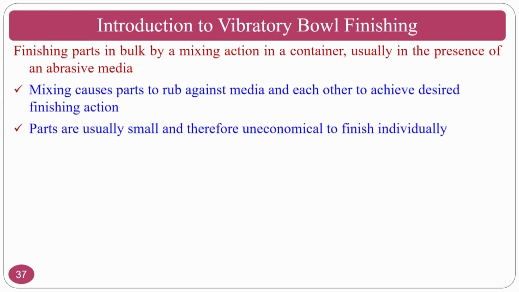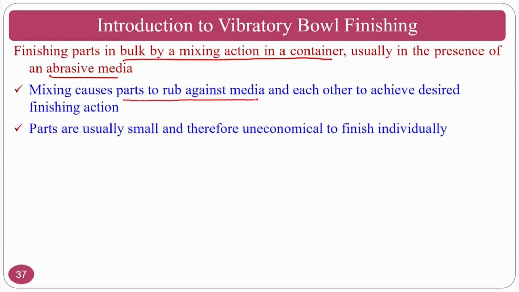In vibratory ball finishing, products are finished in bulk in a container, usually in the presence of abrasive media. You put in the abrasive media and the components, then apply vibrations or oscillatory motion to the bowl. Mixing causes parts to rub against the media.